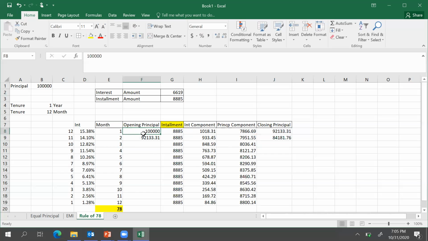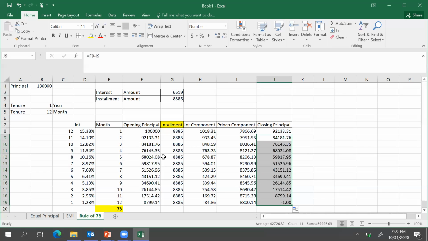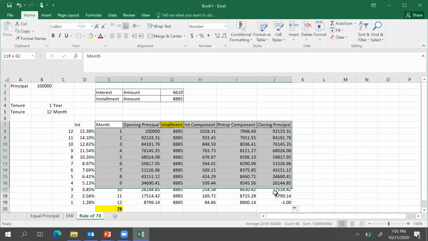I will drag them all down. See, we will see what happens. It may not be accurate. There can be some issues. Just a minute. I hope that it goes down to 0. So it went down to 1.